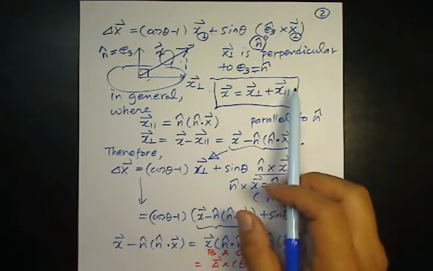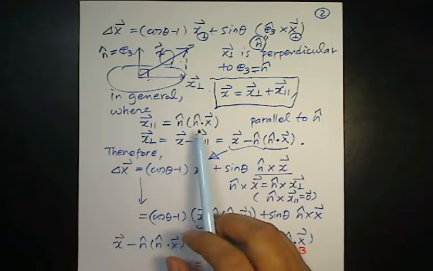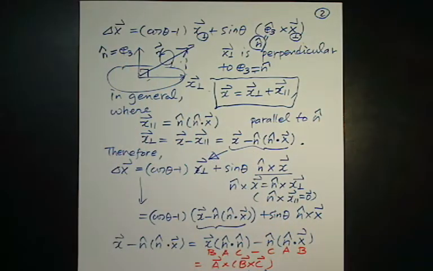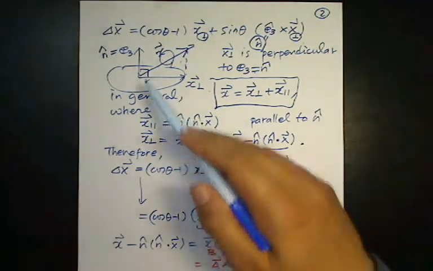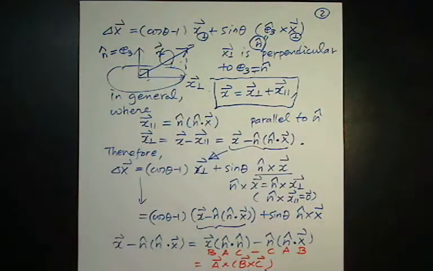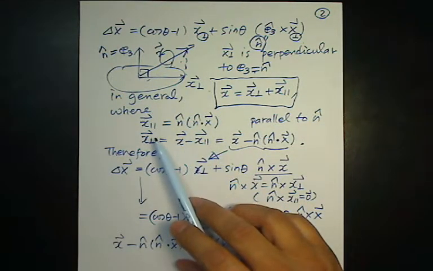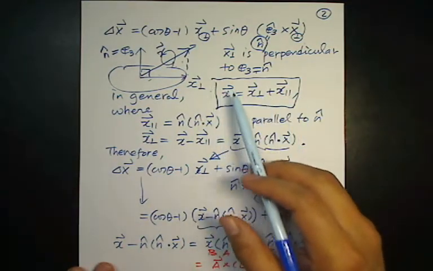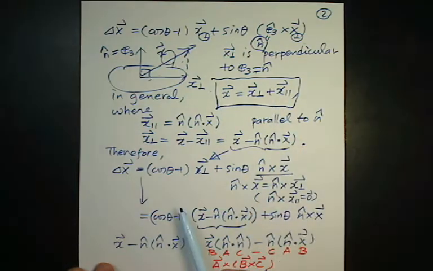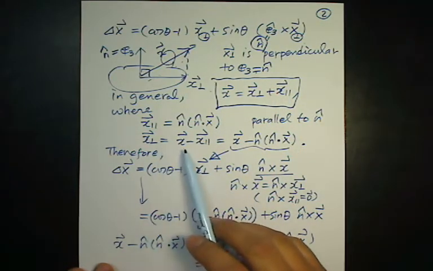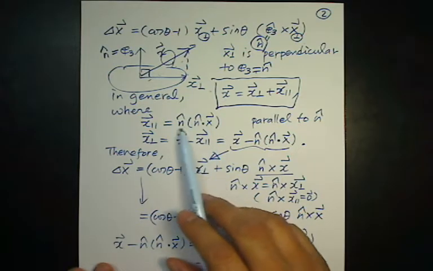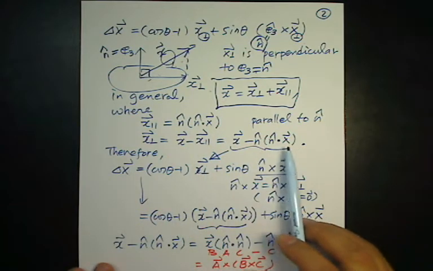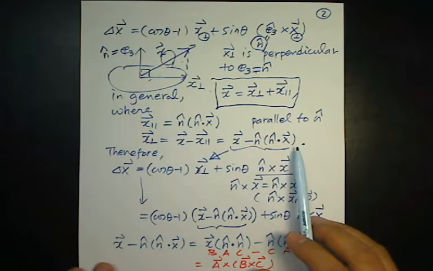The parallel component can be pulled out by taking the scalar product of x and the axis of rotation unit vector, and this is the magnitude, and the direction will be n hat. And the perpendicular component can be obtained by subtracting x parallel from x. Therefore, substituting this parallel component, we obtain x minus n hat dot x times n hat.